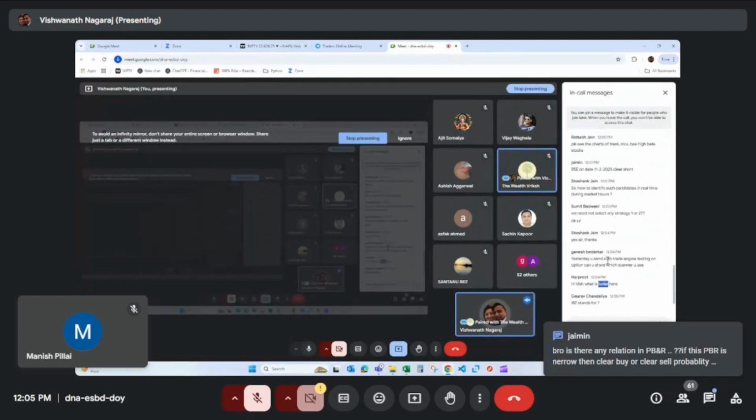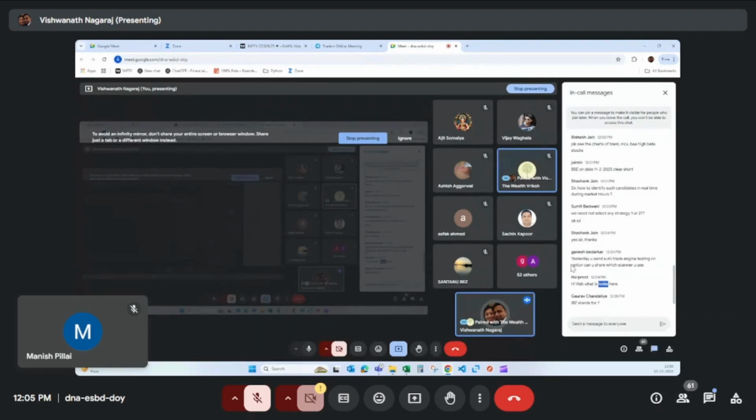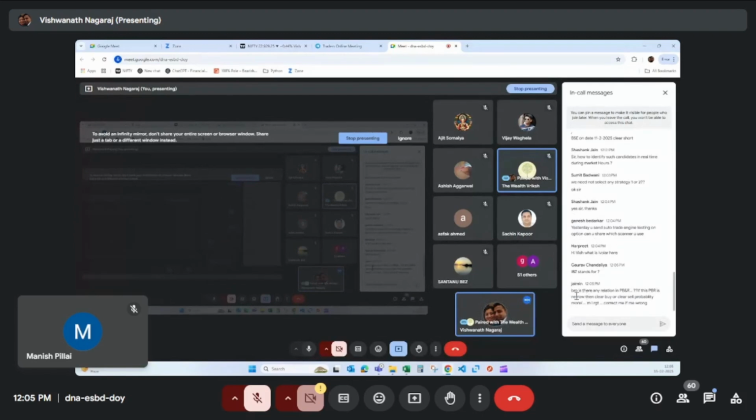Yesterday you had sent auto trade engine testing on options. Can you share which scanner you use? Ganesh, that's my custom scanner, sir, where I'm building one scanner for everything kind of a situation. That is my personal one.